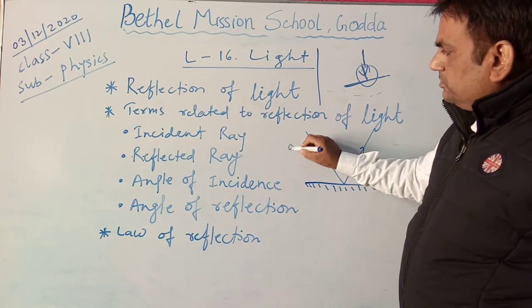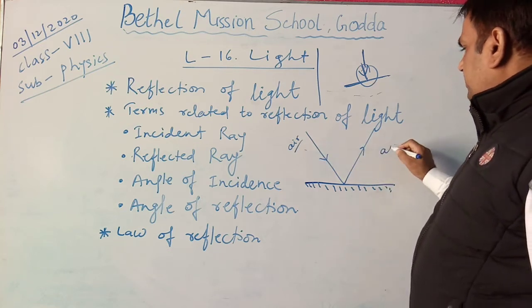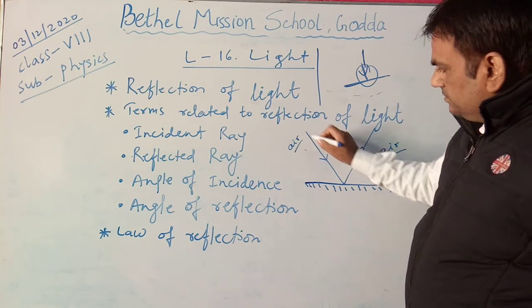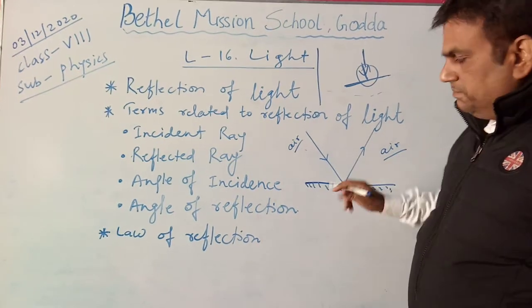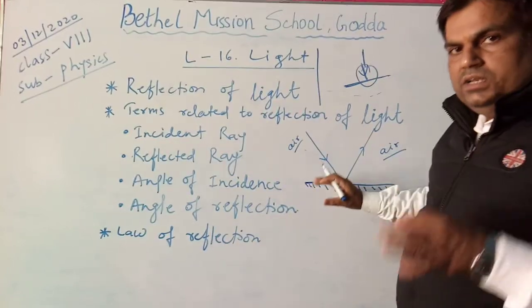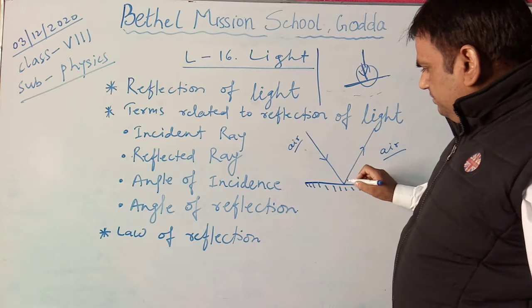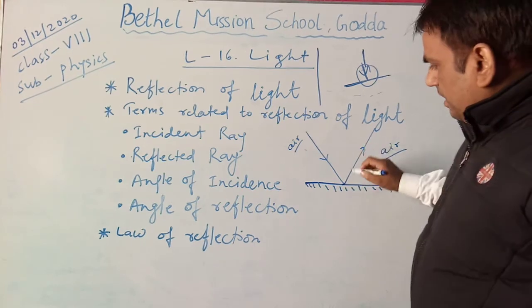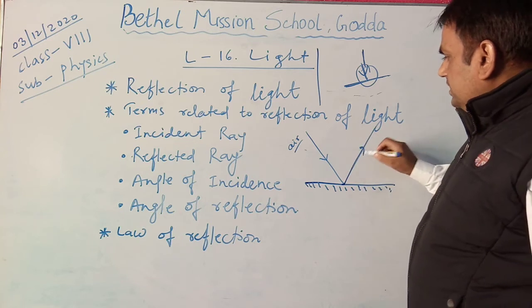Suppose this is the air medium and this is also the air medium. Light comes through the air medium and strikes the surface of the mirror, because a mirror is a highly polished and smooth surface. After reflection, this light is bounced back into the same medium.